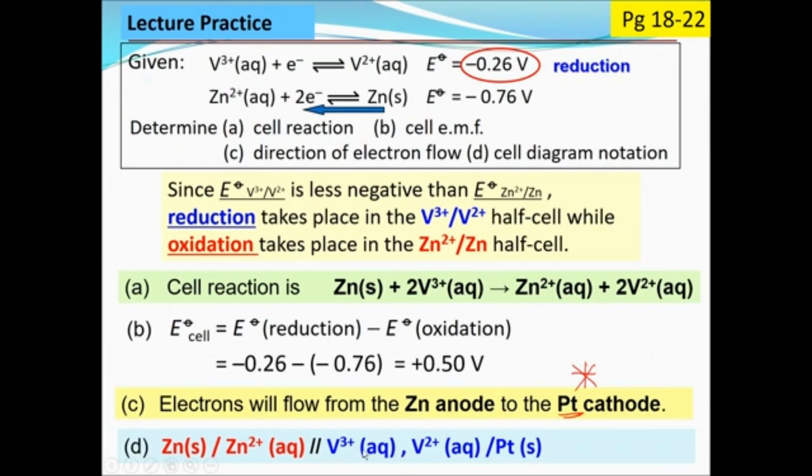The comma comes in because they are in the same phase, but are separated as two different species, whilst a different phase will have a single line. The double line would indicate the salt bridge. Similarly, anode to cathode, A to C, is how the electrons flow.